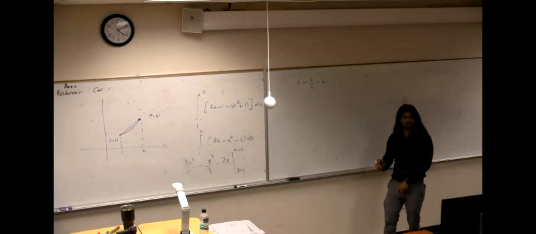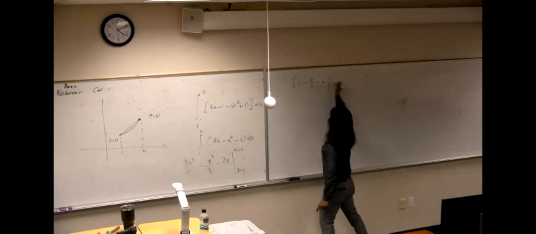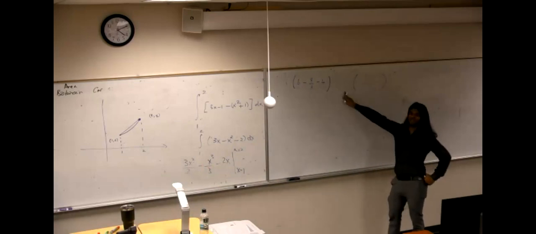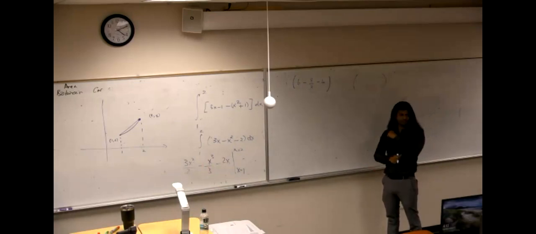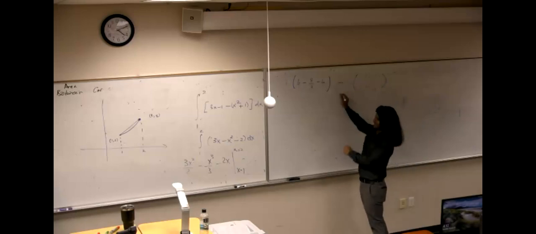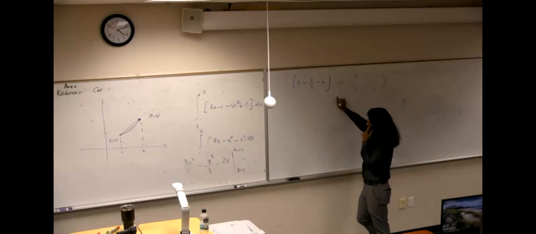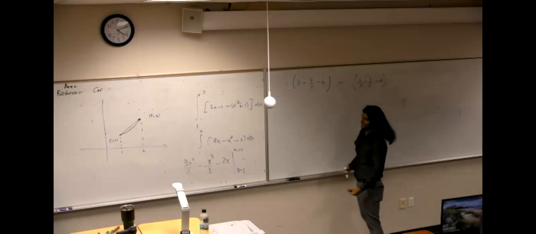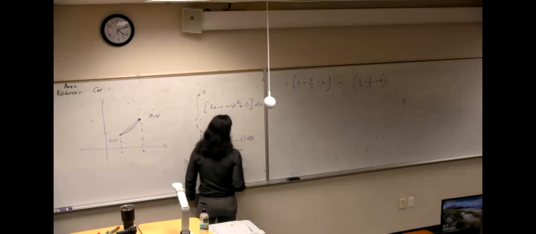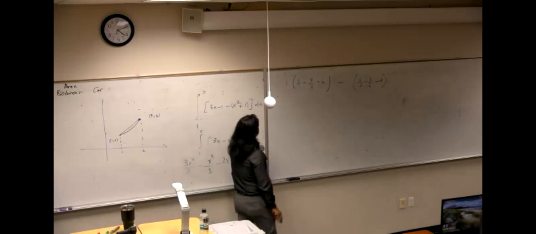What should we do when we plug in the lower limit? What goes here? Evaluate the antiderivative or integral at the upper limit, lower limit. What goes in the middle? Minus. Very good. So lower limit, 3 times 1 squared over 2, 3 over 2, minus 1 over 3, minus 2. Simply plugging in the upper limit and lower limit.